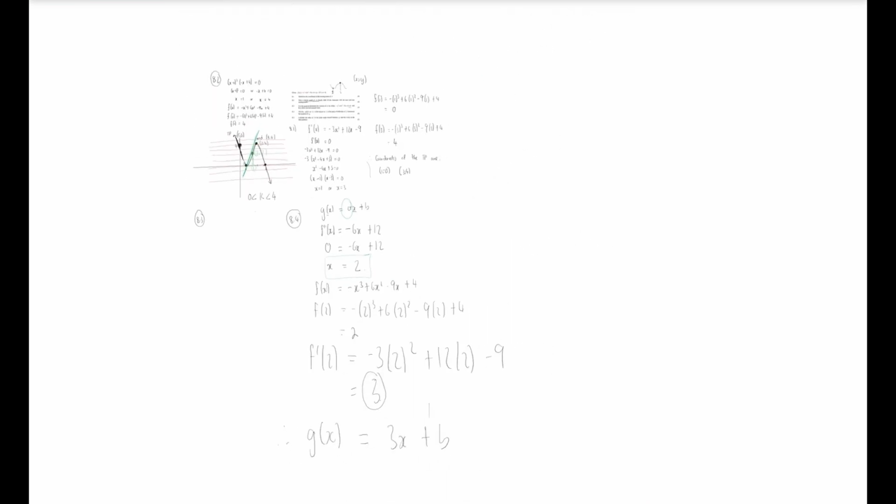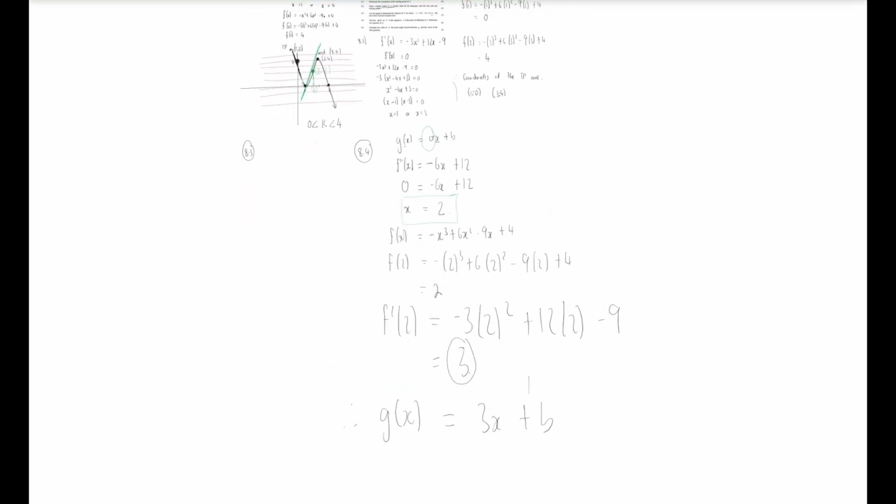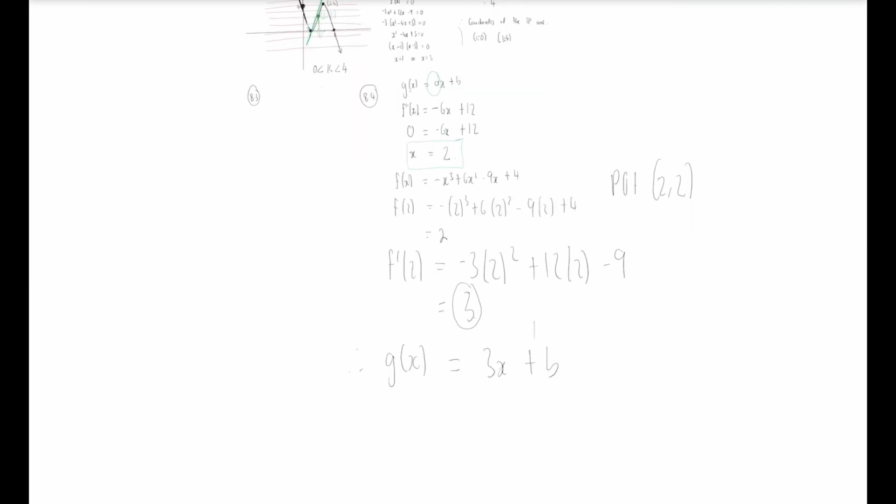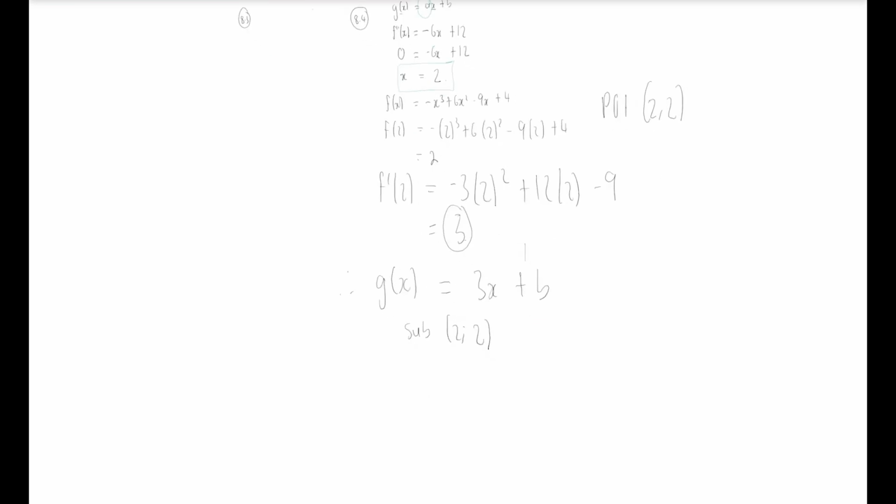Now we are going to substitute those points which we found. We found that the point of inflection of f was actually (2, 2). So we are going to use that to our advantage and substitute it into this graph. This 2 is going to replace this, and this 2 is going to replace this.